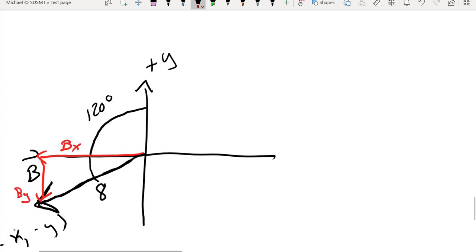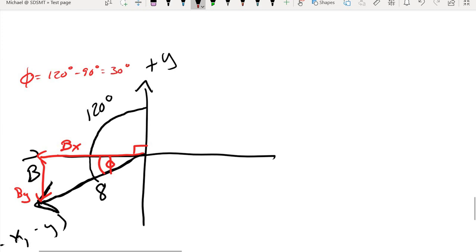I now have a right triangle which is using this much of an angle, and that angle phi is just the difference between the 120 and the 90 degrees between the y and the negative x-axis. So phi is the difference between 120 and 90, for 30 degrees.